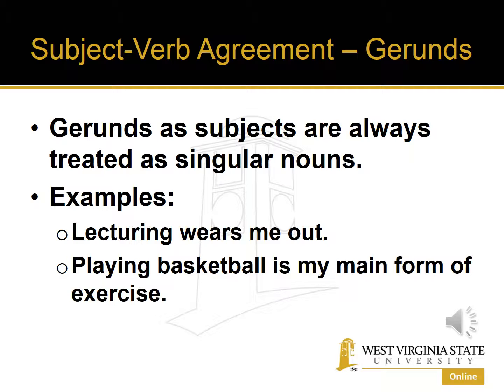The gerund lecturing, if you recall, gerunds are the present participle of a verb being used as a noun. So in this case, lecturing wears me out. It's the subject of the sentence and it's followed by a singular verb. Or playing basketball is my main form of exercise. Playing is a gerund and it's followed by the singular verb is.